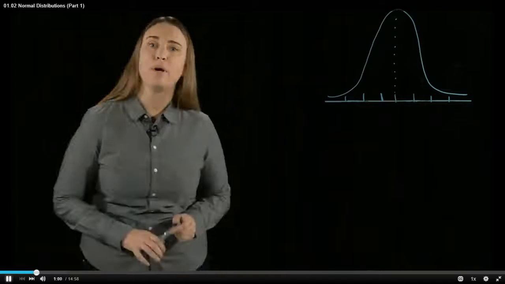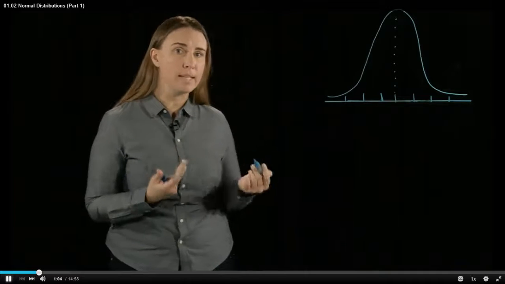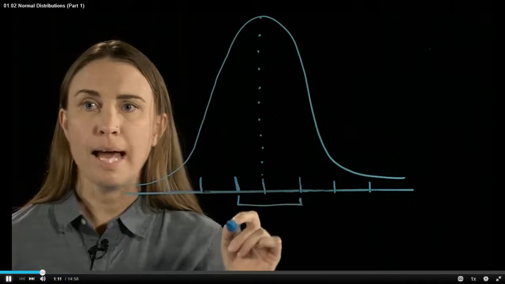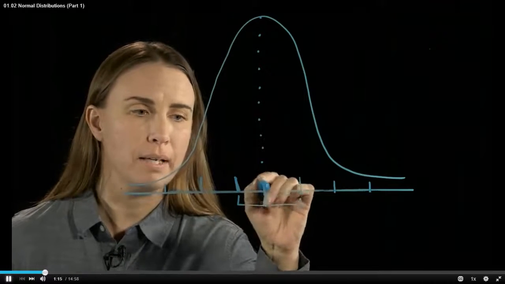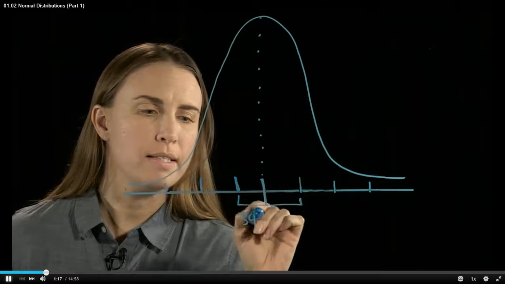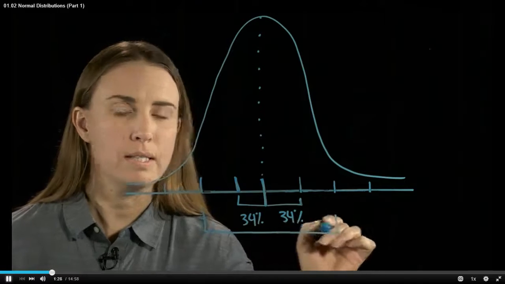If your dataset is approximately normal, then 68% of the dataset is within one standard deviation of the mean. That means 34% on each side. So if this is the mean, you have 34% on each side. 95% of the dataset is within two standard deviations, within this space.